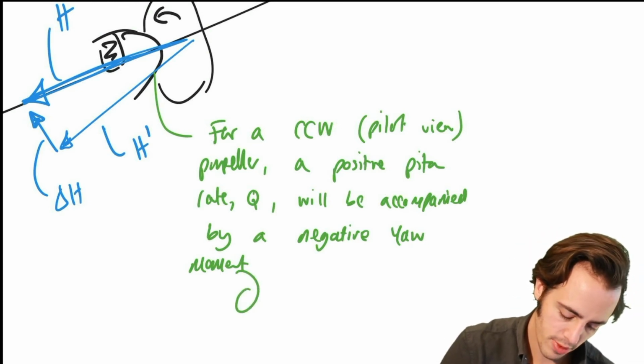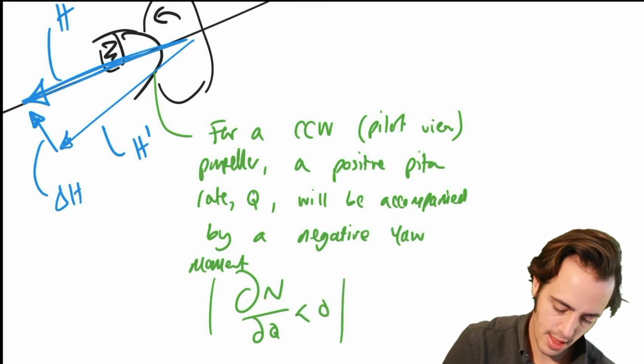So we would expect for this dN/dQ to be less than 0.